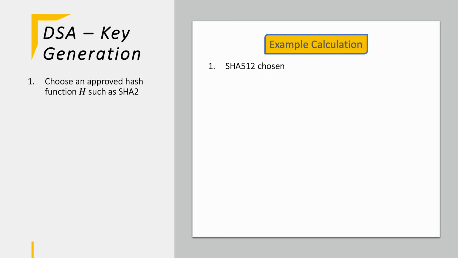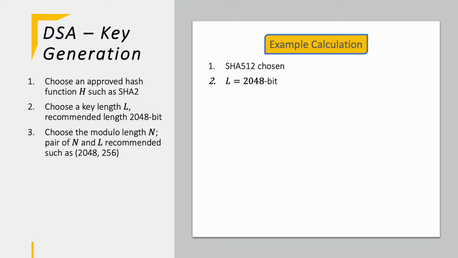In the example on the right hand side, we choose SHA-512. Then we need to choose a key length, L. A recommended length is 2048 bit, which we also use because it's the recommended length.